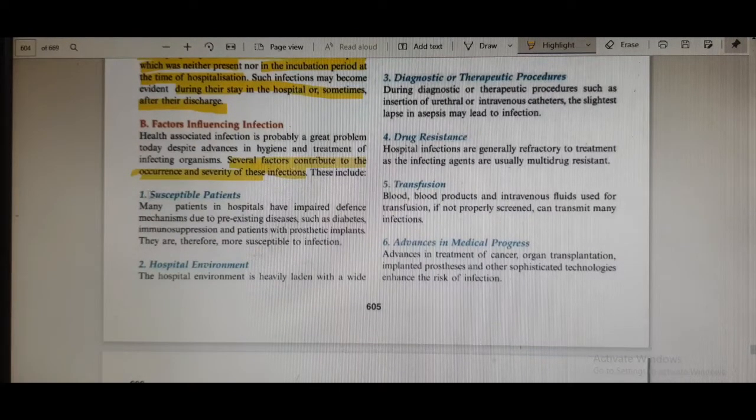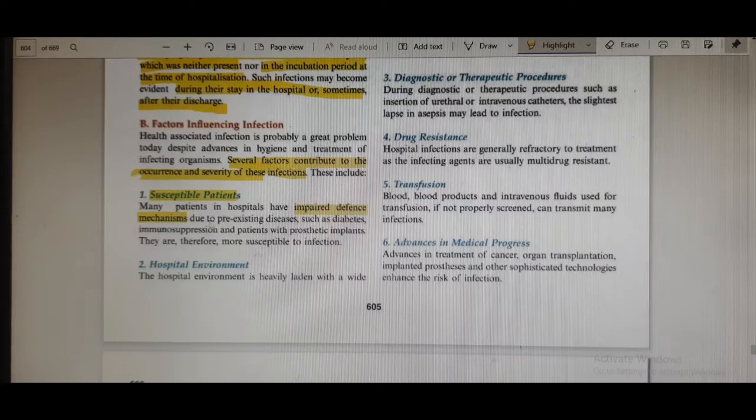Firstly, susceptible patients. Immunosuppressed patients or diabetic patients usually have a very impaired defense mechanism. That is, their body immune system is not strong enough to act against the infections that are acquired during the stay in hospital.